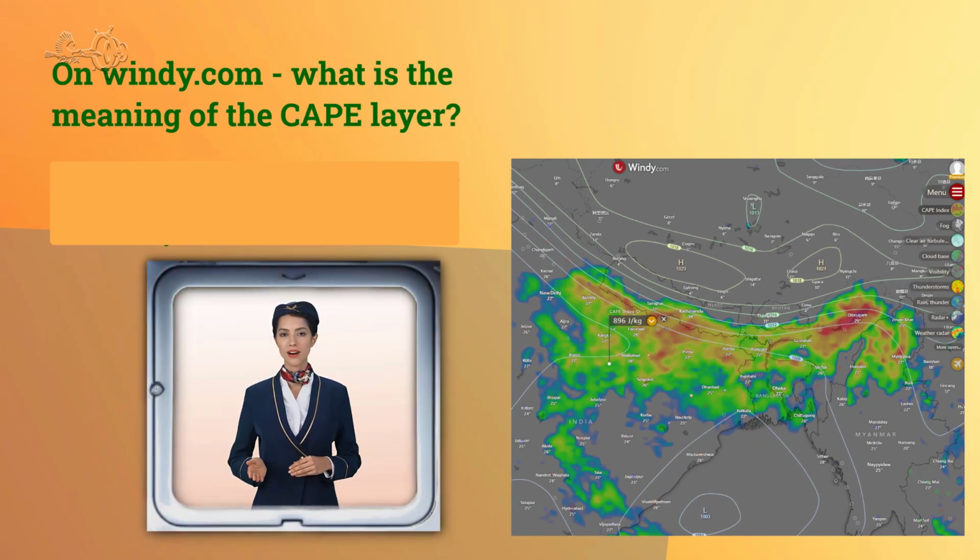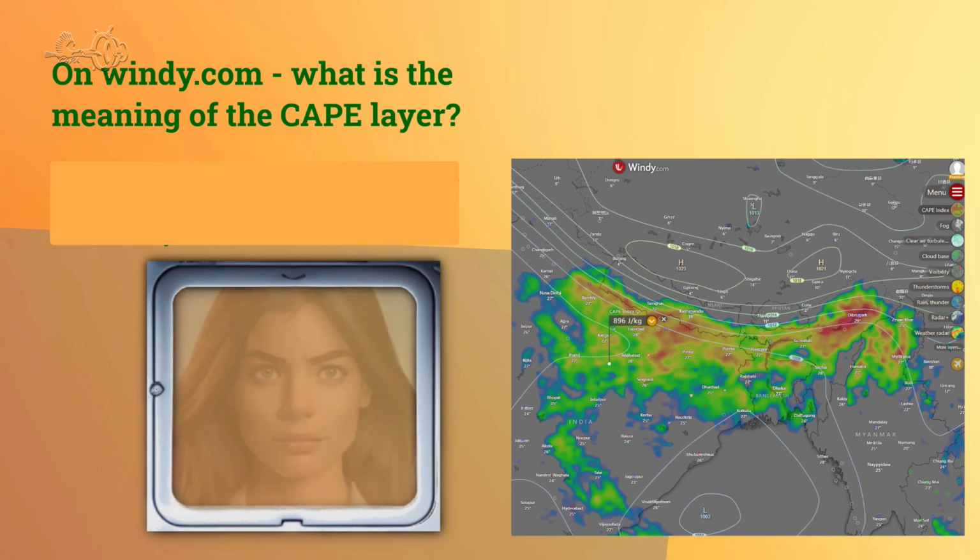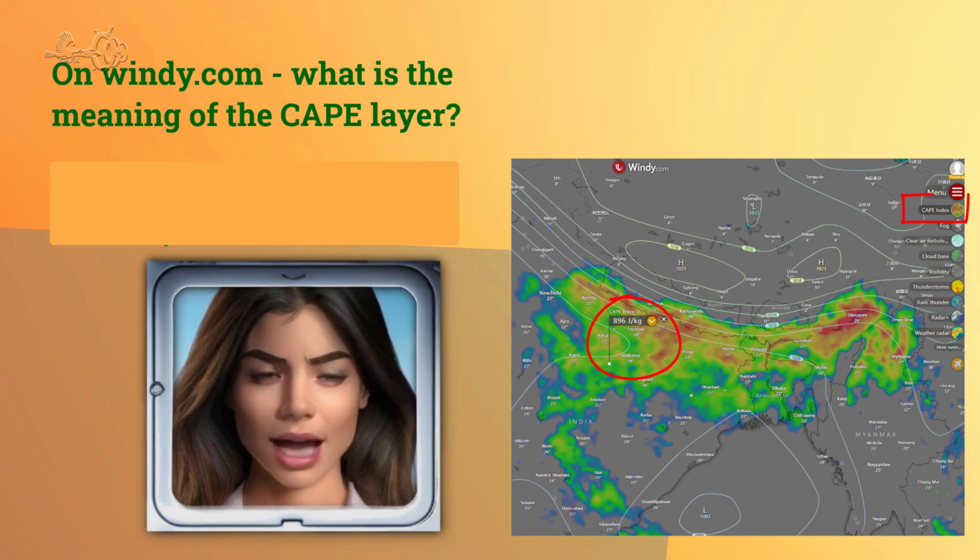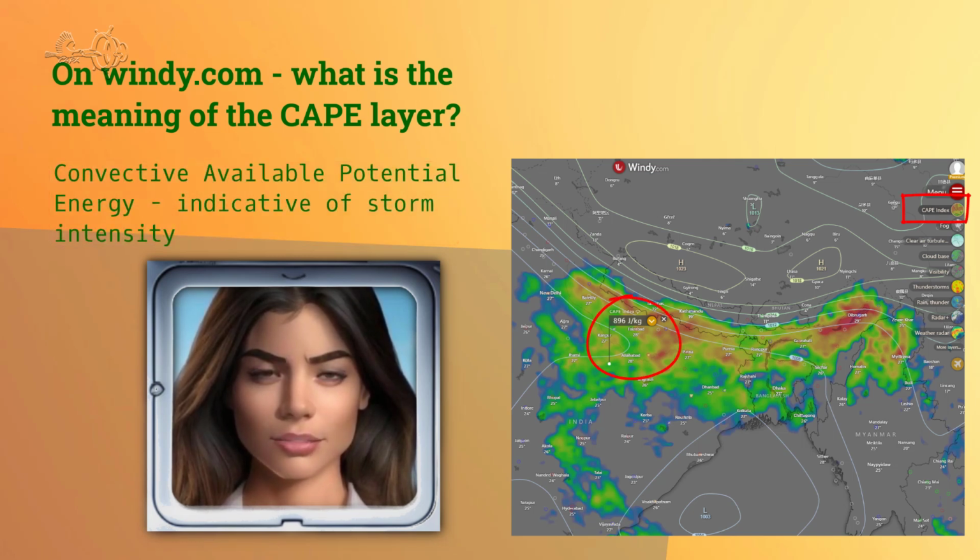Another such layer is called the CAPE layer. Let us dive a bit deeper into this layer of information. The CAPE layer refers to the presence of convective available potential energy within a specific atmospheric layer. This is the stored energy in the atmosphere due to temperature differences between air parcels at different altitudes.